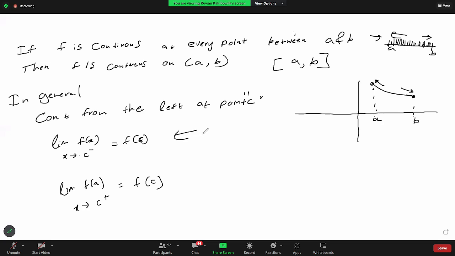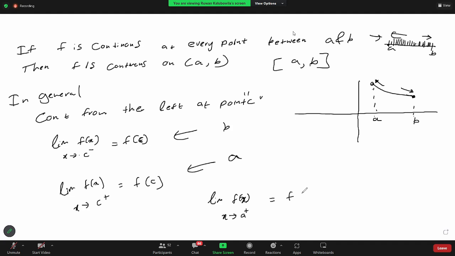This gives the idea about point B, and this gives the idea about point A. Let's first consider the point A. The limit of f(x) when x approaches C, where C means A, I write in general. For our case, x approaches A from the positive end.